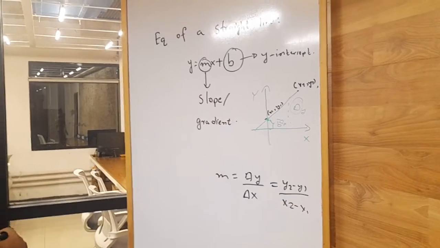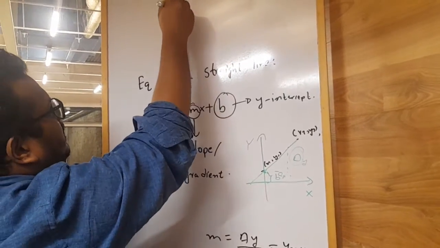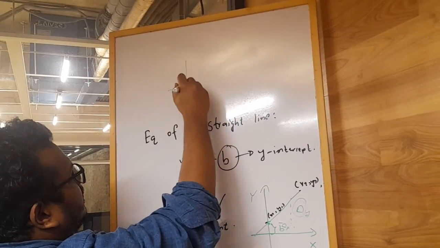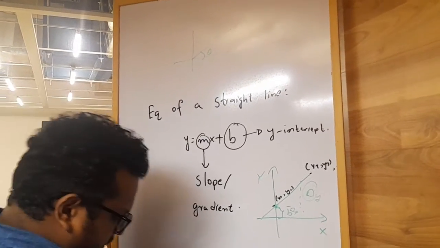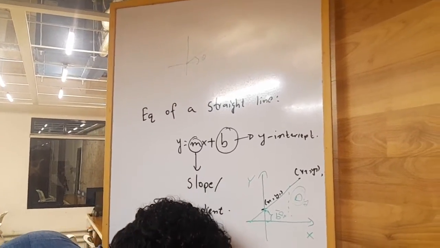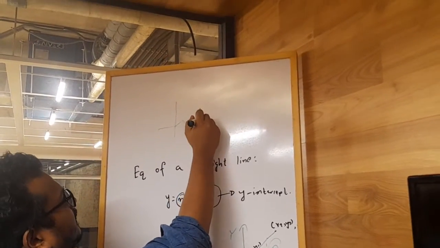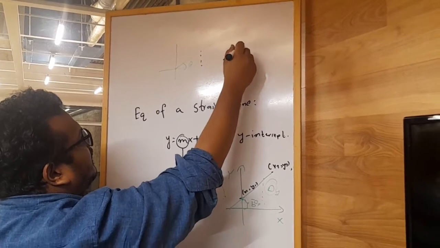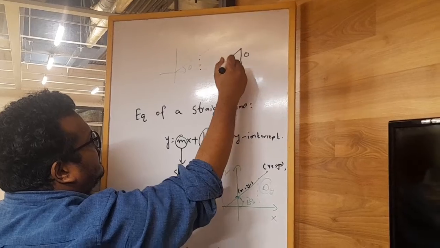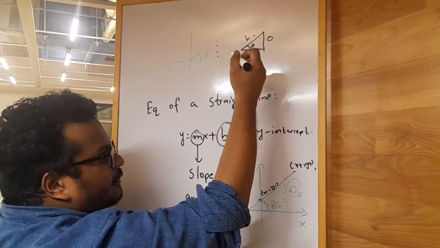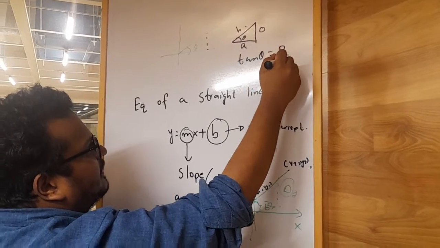Now in order to go into detail, a slope is actually the tan theta that the line makes with the x-axis. So what is tan theta? Suppose in this right angle triangle, this is theta. So this is opposite, this is adjacent, and this is hypotenuse. From SOHCAHTOA, we know that tan theta is equal to opposite by adjacent.